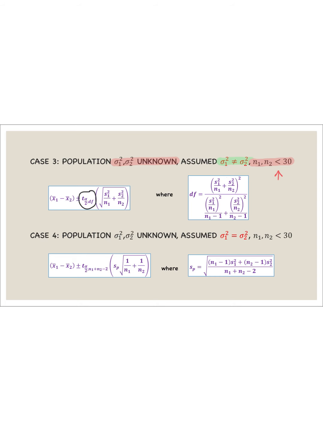But for case number 4, still the population variance or population standard deviation is unknown, but we assume they are equal. And for the last one, the n should also be small, less than 30. So what is the formula?